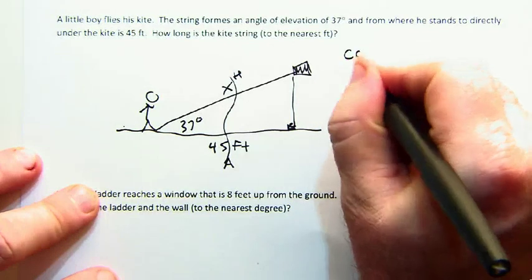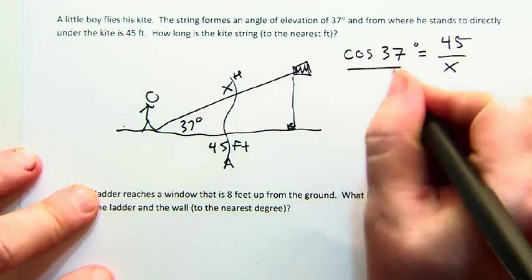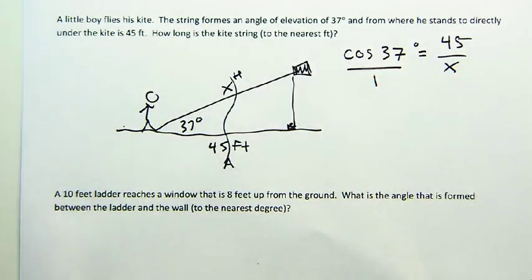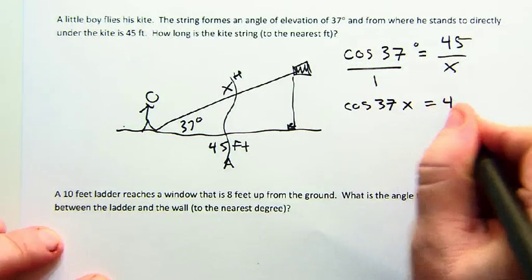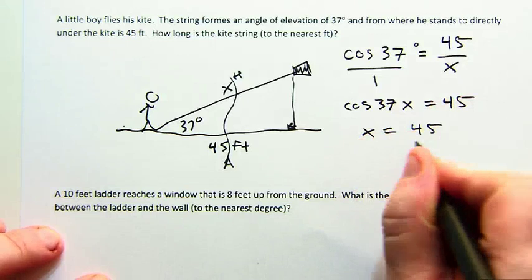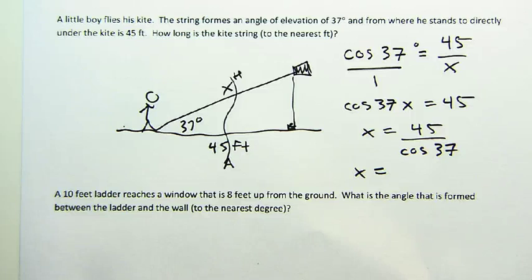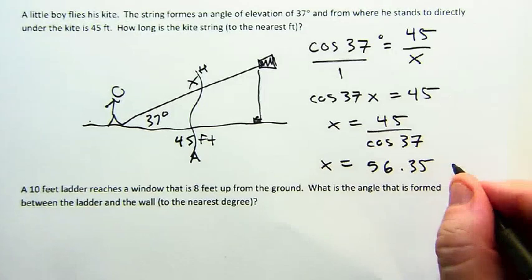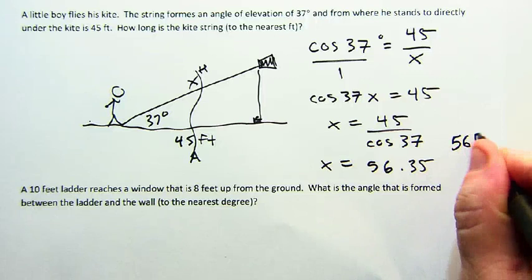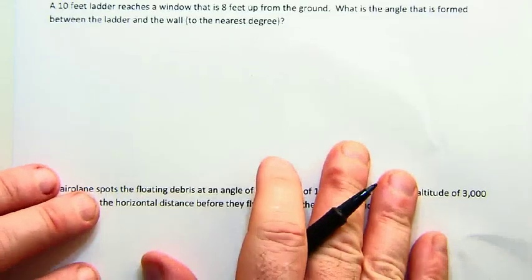And so this is cosine of 37 equals 45 over x. This time when we cross multiply, we get the cosine of 37 times x equals 45, and then finally x equals 45 divided by the cosine of 37. This gives us a value of 56.35, and they ask us to round it to the nearest foot, so we would say 56 feet is the length of our string. Almost there, 2 more to go.